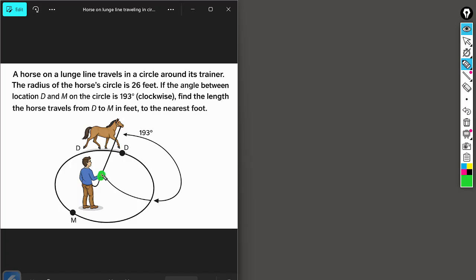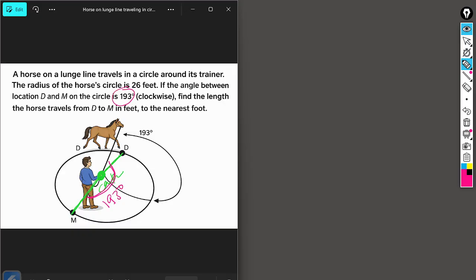If this is the center, and here is the line between the center and location D, and another line between the center and location M, and this angle we can assign something like this. So here is the angle, which is 193 degrees.